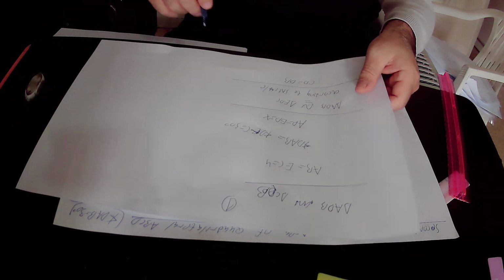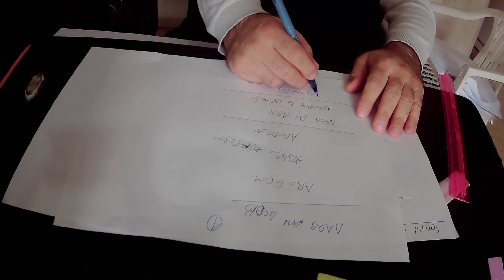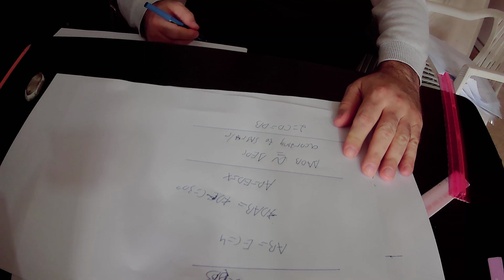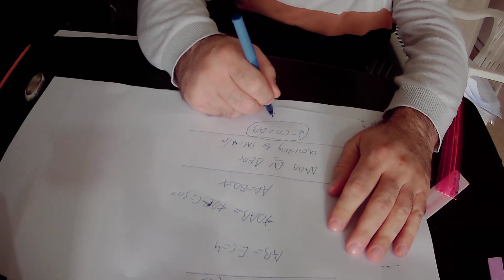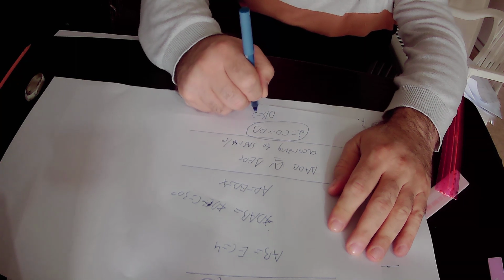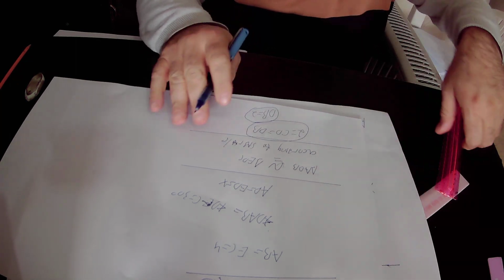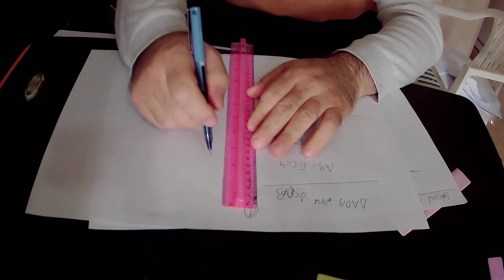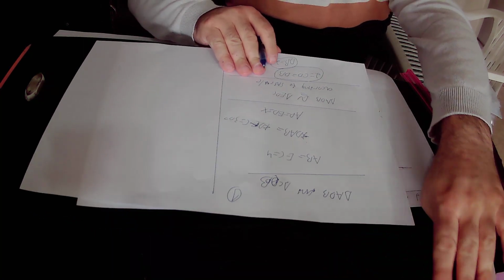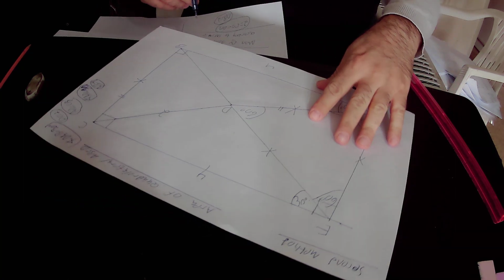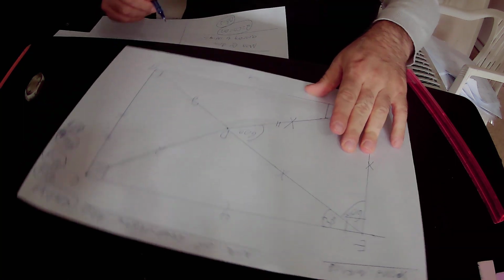But it is given in the question that CD equals 2 units. So from this equation, we derive that DB also equals 2 units. Okay, so DB equals 2 units. We can write here that DB equals 2 units.